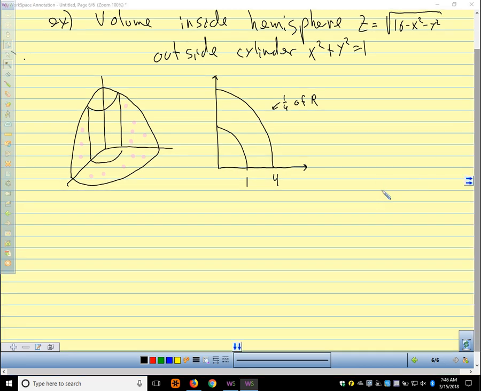So another way that we could ask this question is the volume under z equals the square root of 16 minus x squared minus y squared, bounded by r. That's another way you could be asked the same question.